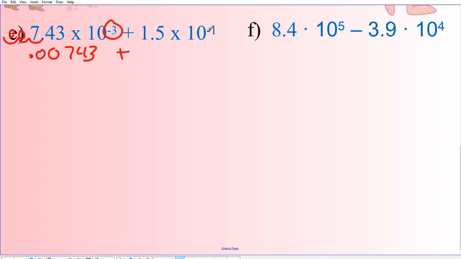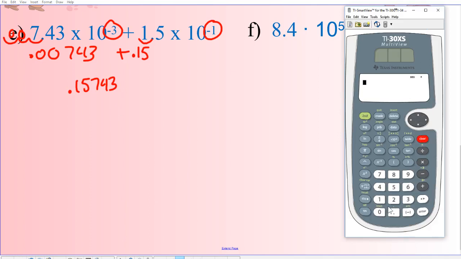Plus, I'm going to move the decimal 1 place smaller, 0.15. And if I add these together, I'm going to get an answer of 0.15743. Don't believe me? You just want to check my work. There we go.